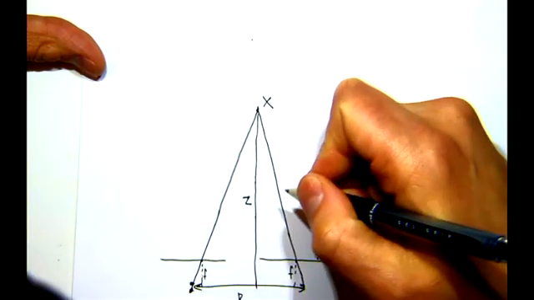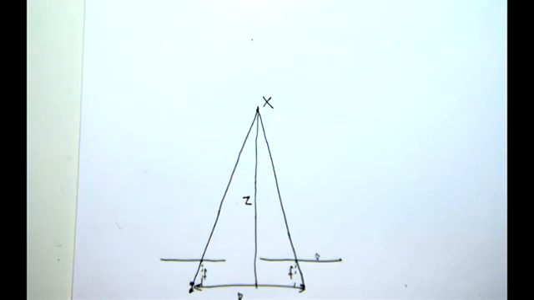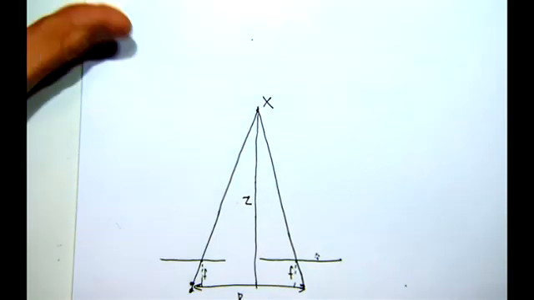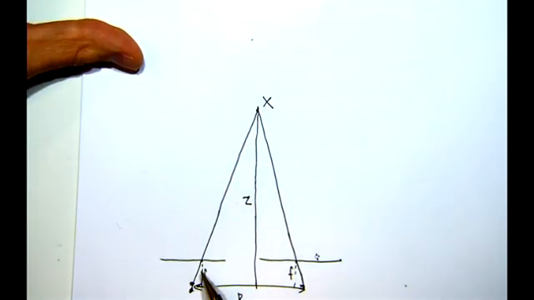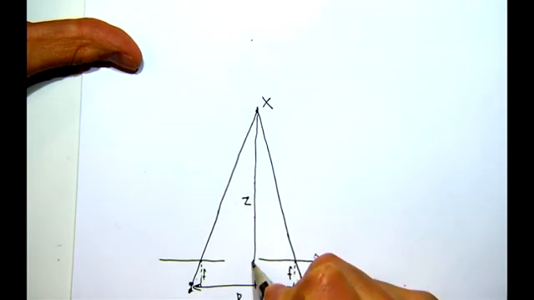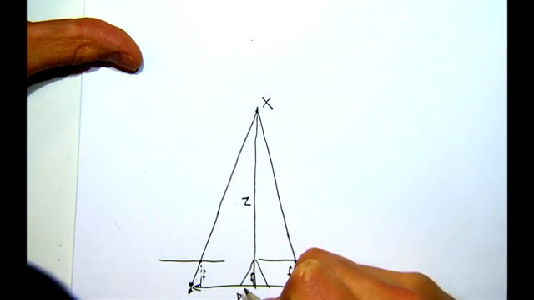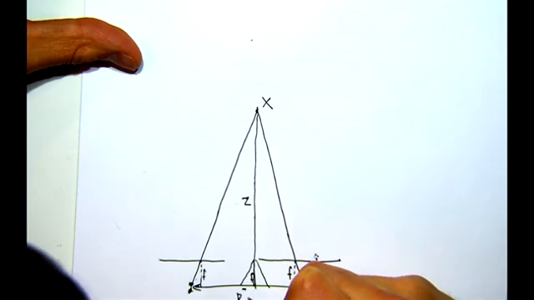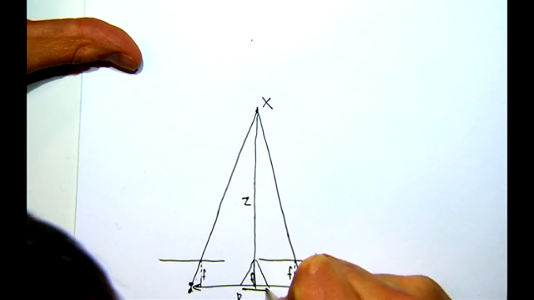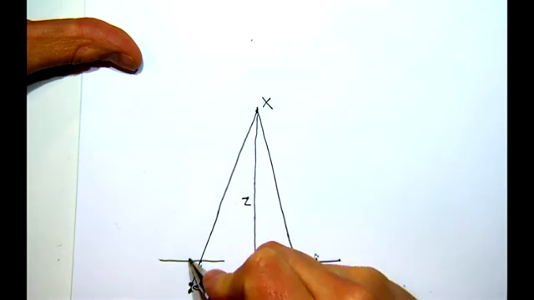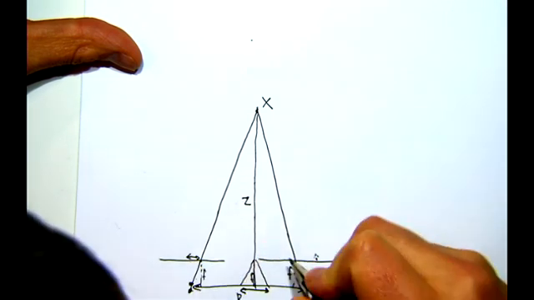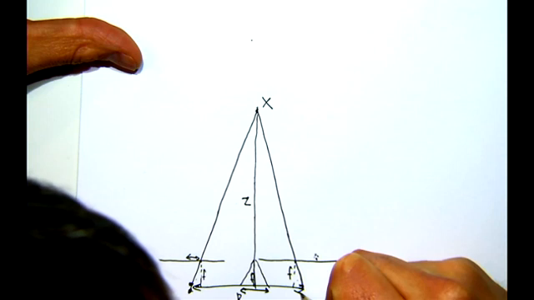If I move these two little triangles inward, then I've got some similar triangles here. I've got f in the vertical direction, and then I've got some disparity here, which will be the same as the distance between the pixels.